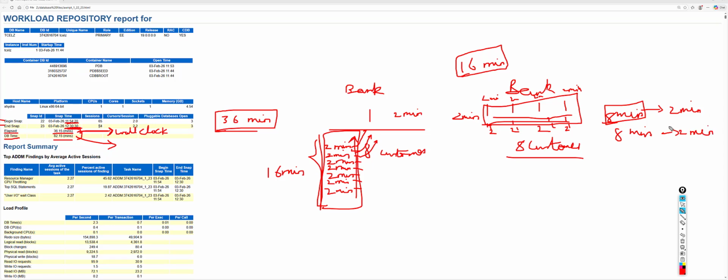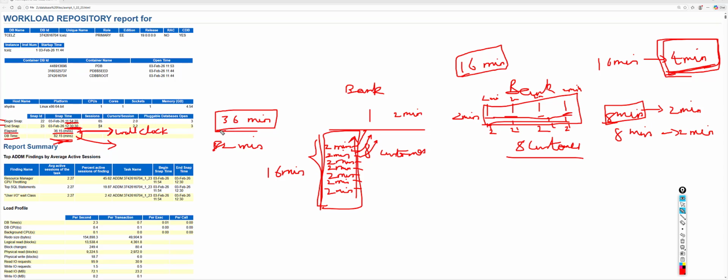So instead of taking 16 minutes, this job can be done in 4 minutes in parallel. The actual time was shared by different workers, the counters. That's the reason the time is reduced by 12 minutes, so only 4 minutes are taken. Similarly, you can take the same example here. 82 minutes are there.